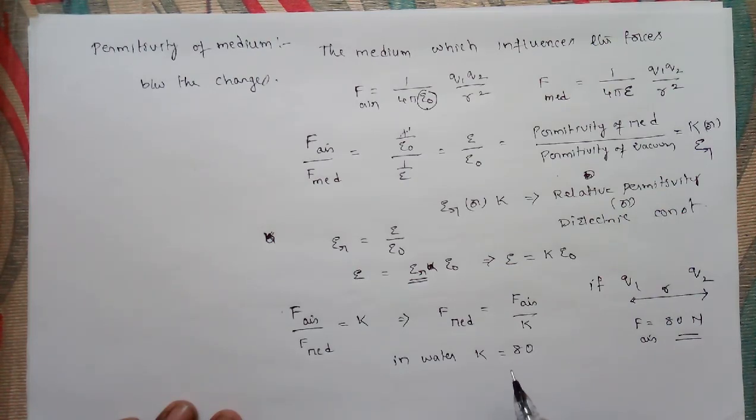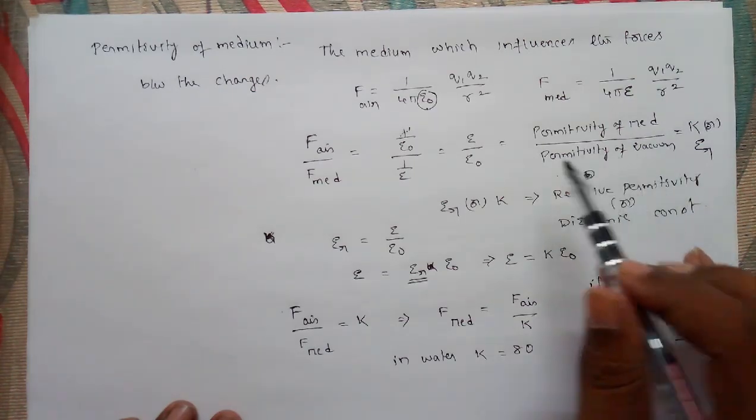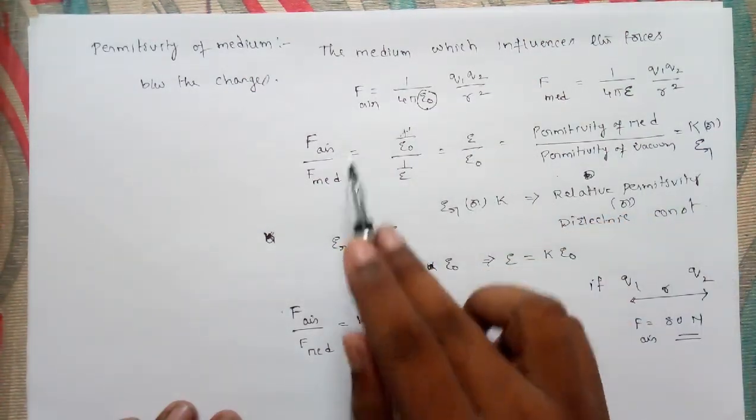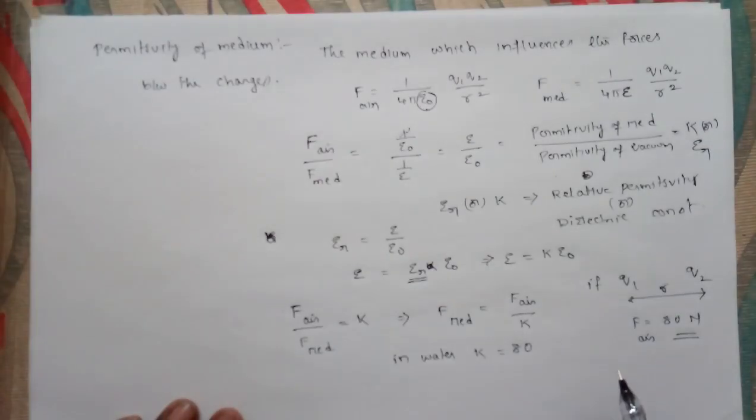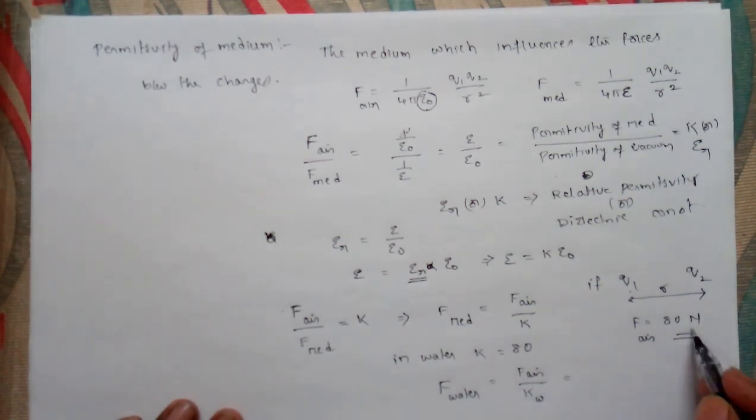Here we are not having any units because we are taking the ratio of two similar physical quantities. Then how much force will these two charges experience? F in water is equal to F in air by the dielectric constant of water. F in air is 80 newtons, divided by the dielectric constant of water, 80. Then the force now reduces to 1 newton.